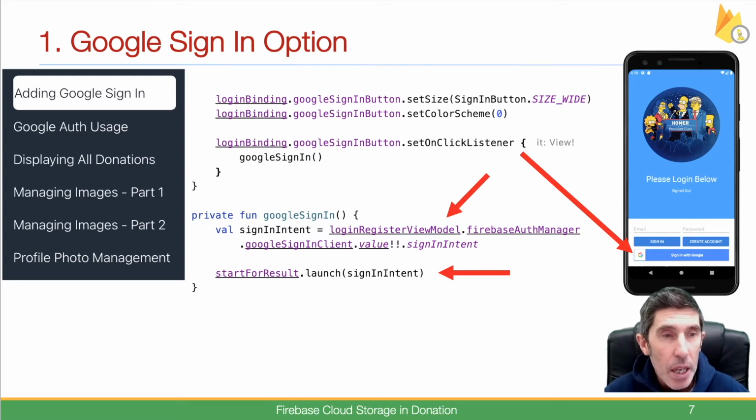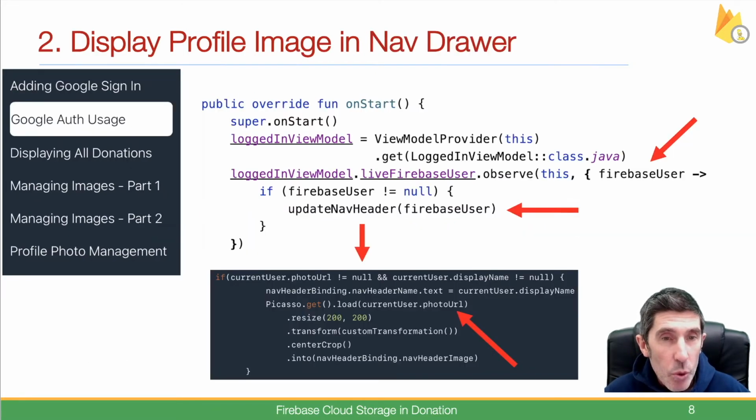Now, once we have authenticated correctly, we are taken and launched into our home activity. One of the next steps is displaying that profile image in the nav drawer.